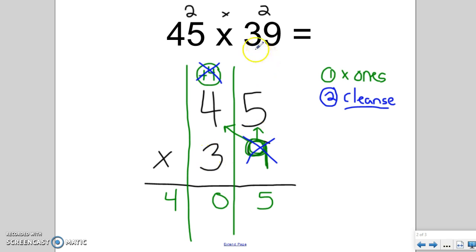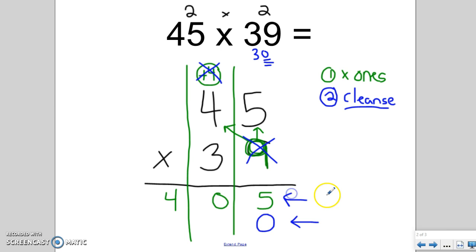The 3 in 39 actually stands for 30. So we need to take that 0 from 30 and put it into our answer ahead of time. That way, we don't have to worry that that 3 is really worth 30. We can just pretend it's a 3. So that 0 goes into the ones place, just underneath where I solved 45 times 9.